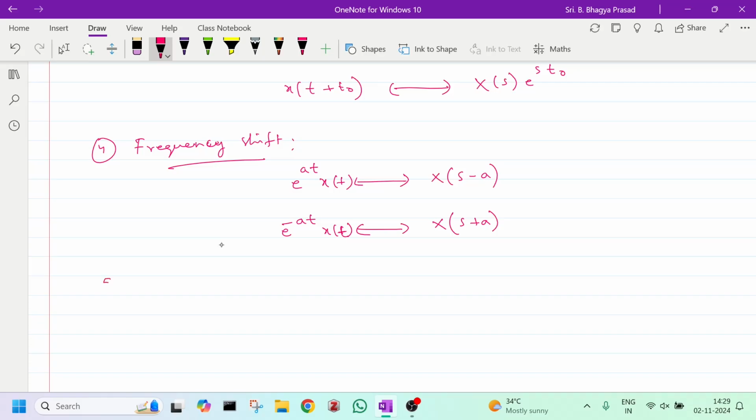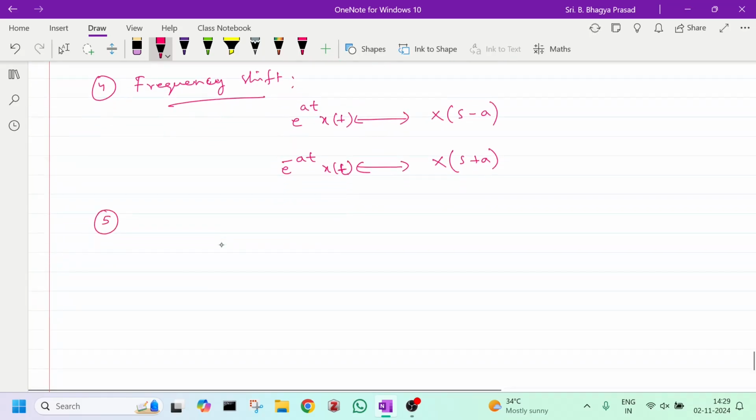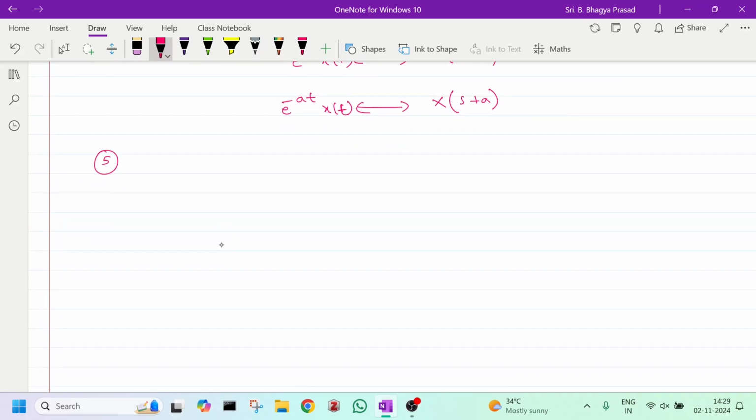Okay, another one: time differentiation. Differentiation in the time domain, that is the derivative d by dt of x of t.